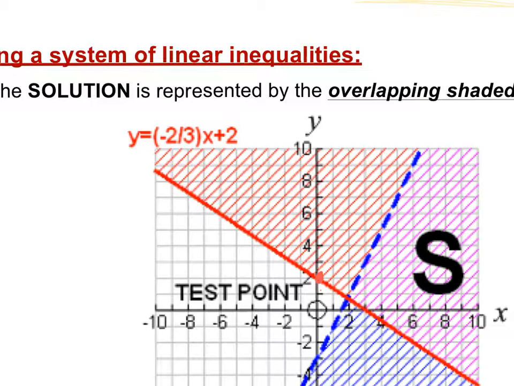If we say y is equal to negative 2/3 x plus 2, what we're saying is that every point on this line is a solution.